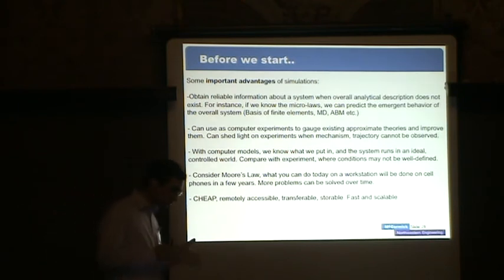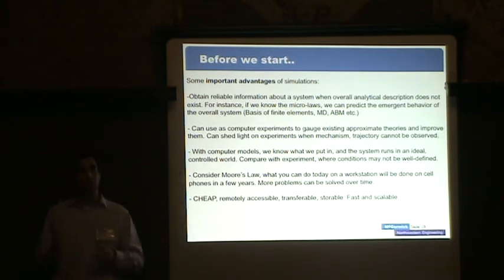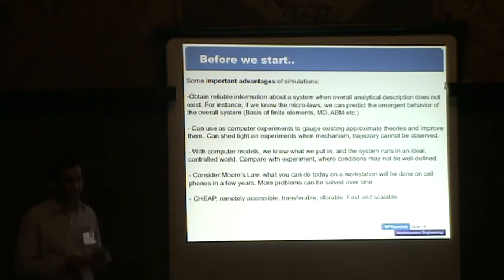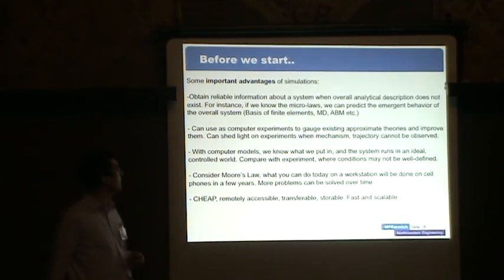I mean, we know the solution to the finite elements, but we don't know the solution to a high-rise system, so we use these finite elements to solve a more complicated problem. The same issue with molecular dynamics, just different type of treatment. And then one can use computer experiments to gauge existing approximate theories and improve them. And this can shed light on experiments where mechanisms and trajectories, for instance, cannot be easily observed.